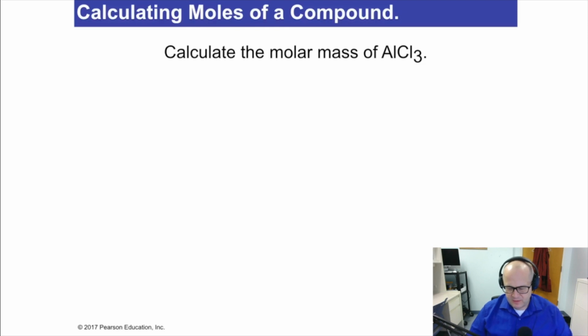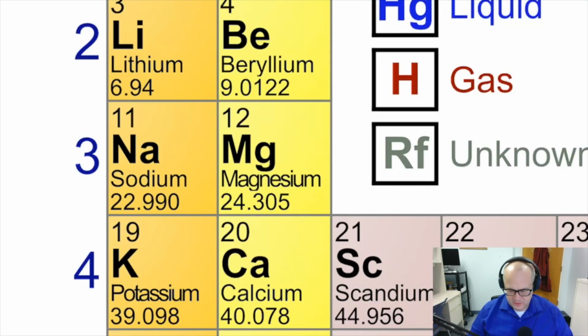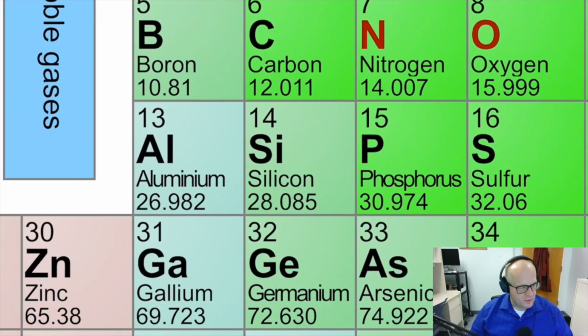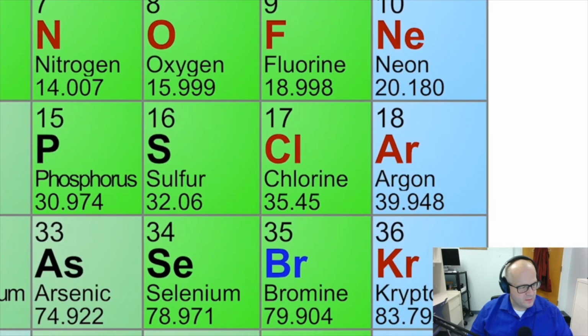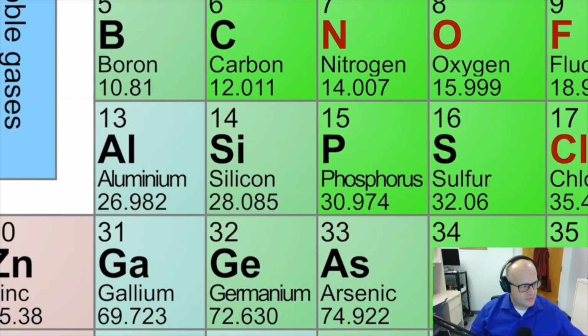All right, guys, welcome back. First thing I'm going to do is look up the molar mass of aluminum. And let's just scroll over till we find it. There it is. 26.98. And chlorine, 35.45. All right, so aluminum, I'll type that into my calculator before I forget. 26.98.